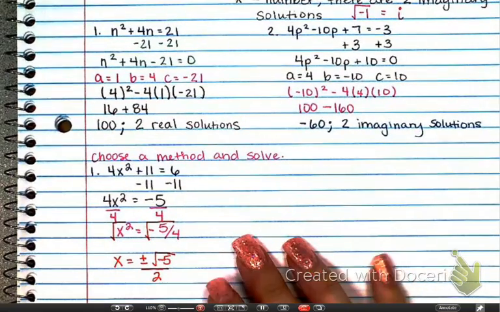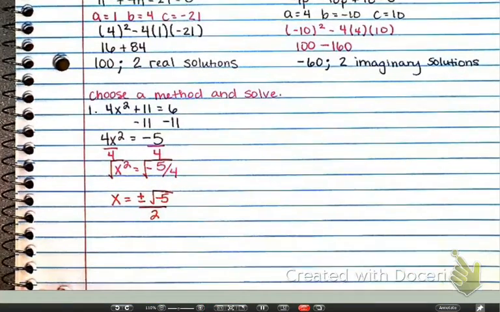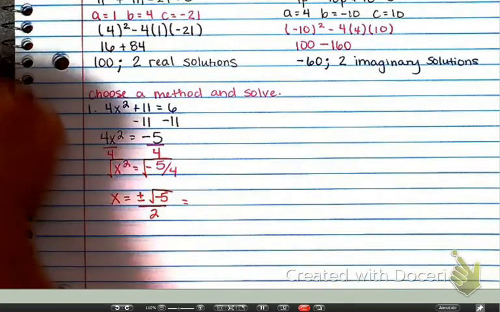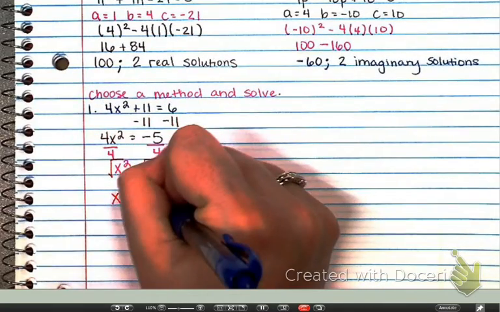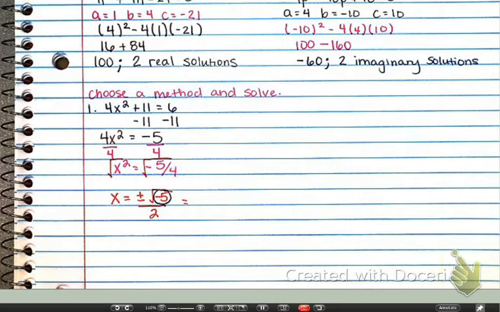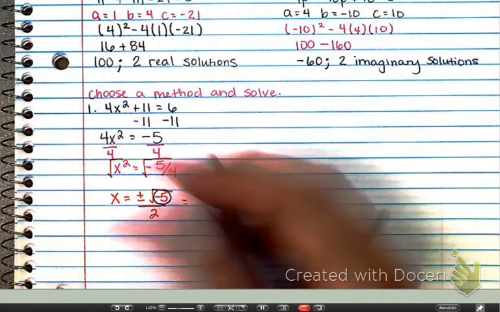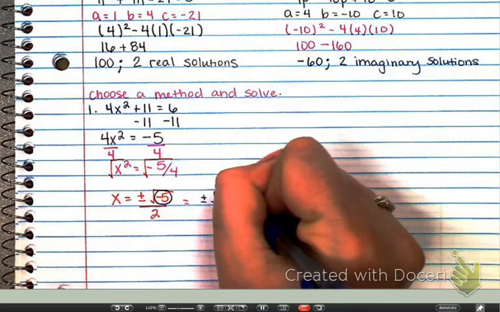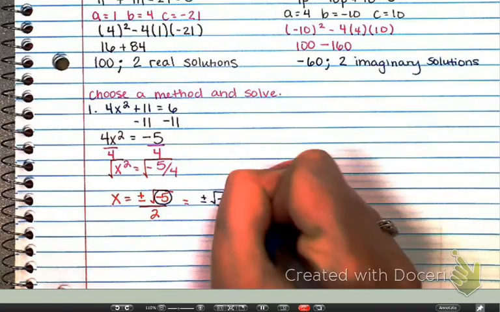The big thing that you need to remember, and you can do this in the step above without having to write it twice, is you cannot keep a negative underneath the square root. So if you remember from the beginning of the semester, this is the same as the square root of negative 1 times the square root of 5 all over 2.